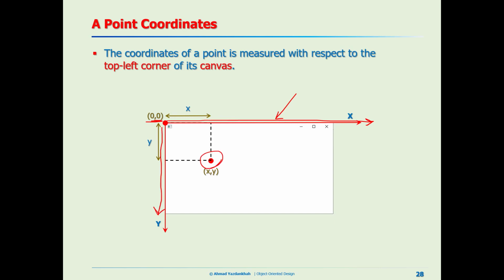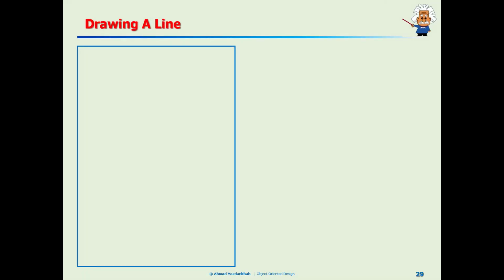And if this is the node, the point, then we address it as x and y. This will be the x-axis, and as I said, this is the y-axis. So for this portion, the x will be from here to here, and the y will be from here to here. So now the question is, how can we draw a line?